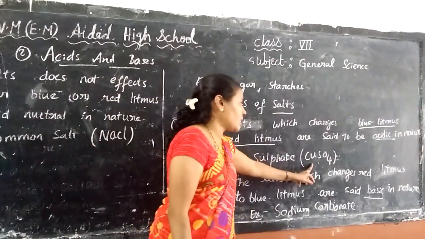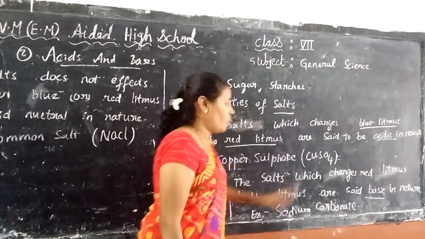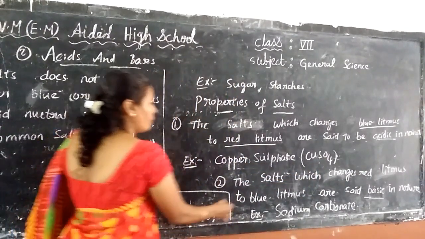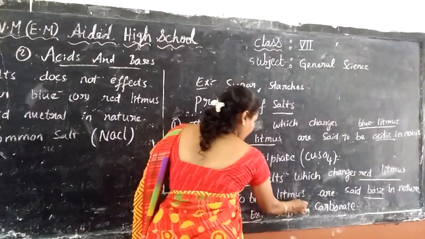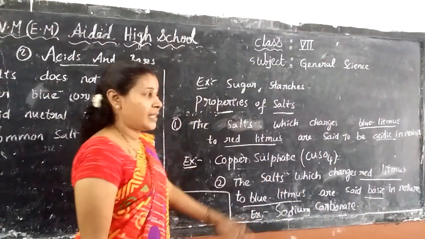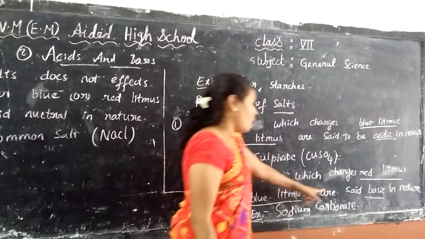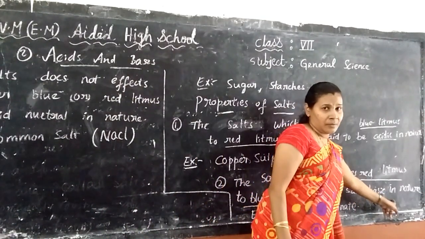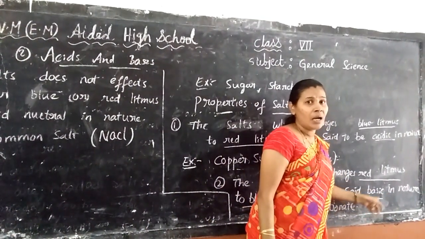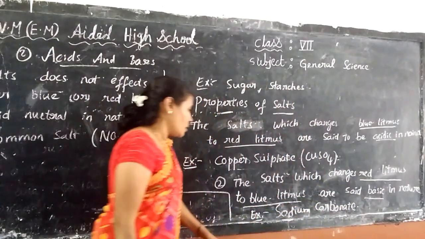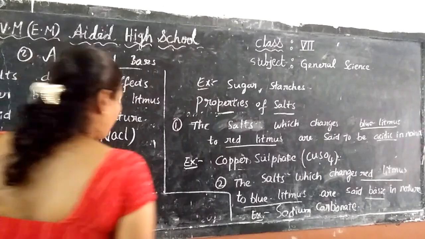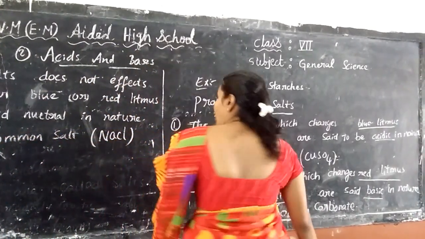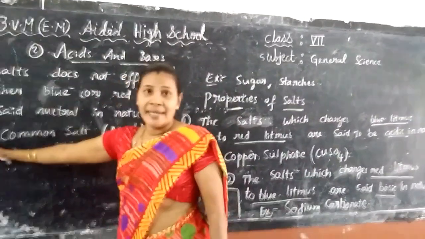The chemical formula for copper sulfate is CuSO4. And the salt which changes red litmus to blue litmus is basic in nature. Those salts are called basic salts. For example, sodium carbonate.